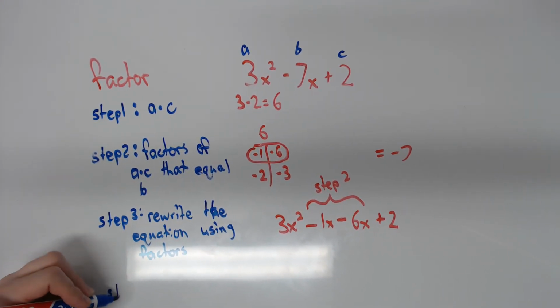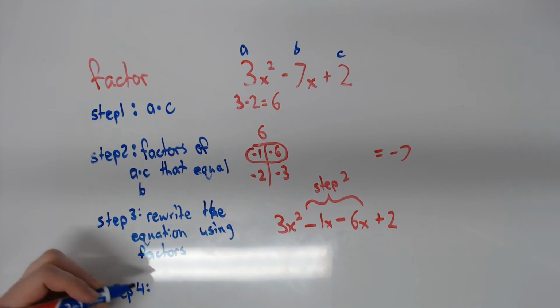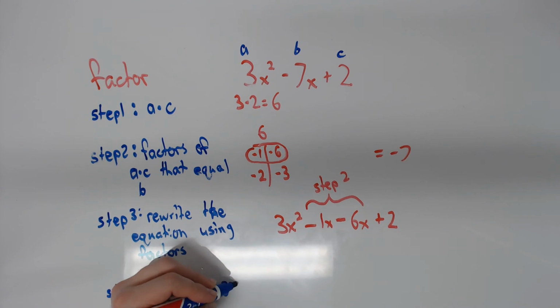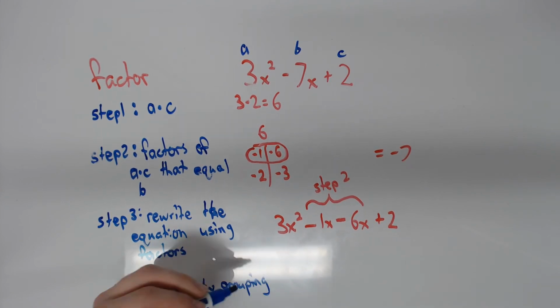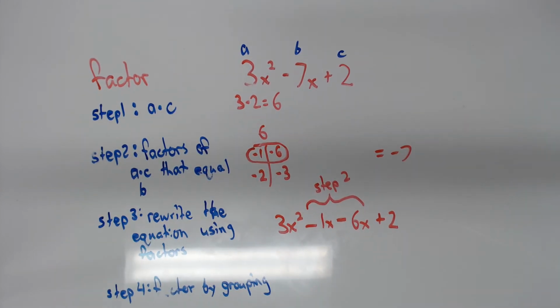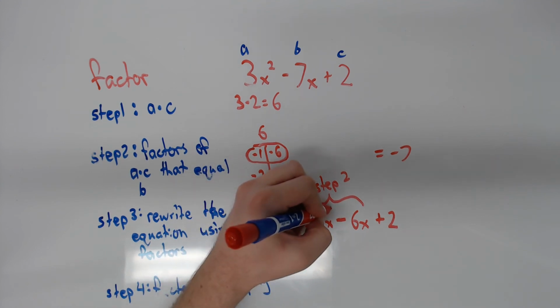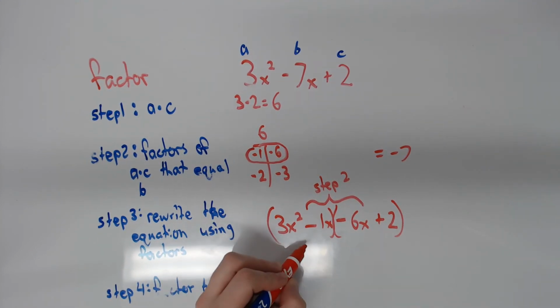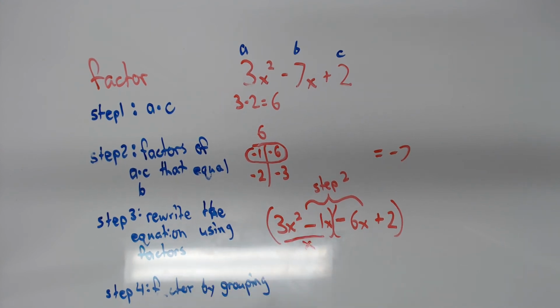Step 4, factor by grouping. And the nice thing is, if you found a pair in step 2, your factoring by grouping in step 4 will always work. So I'm going to group things up. First one I can factor out an x, no numbers.